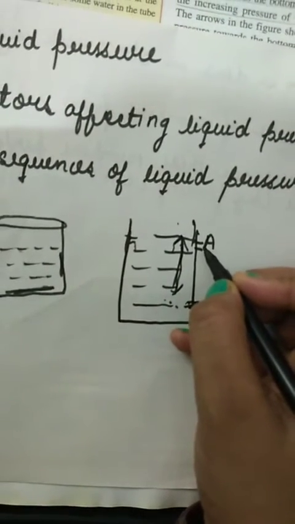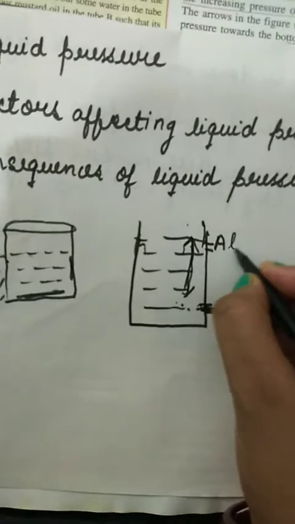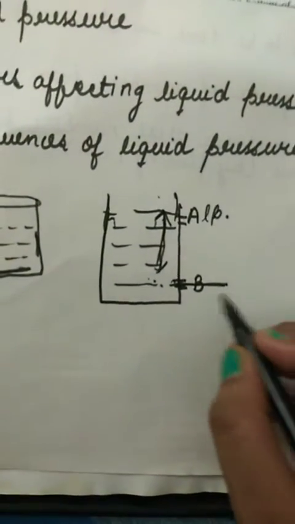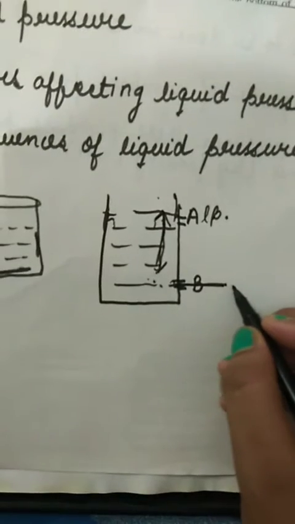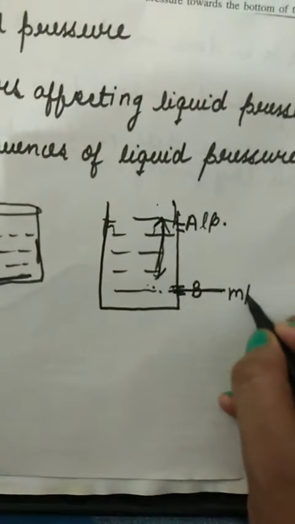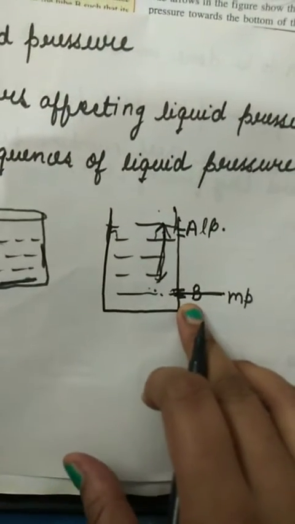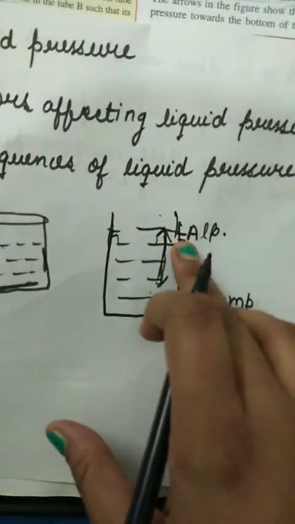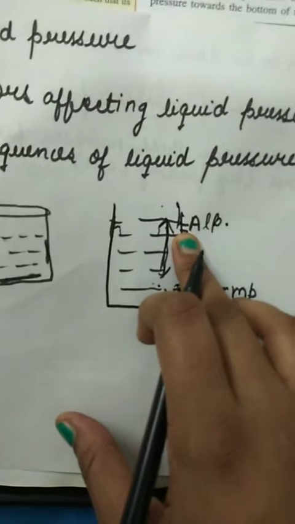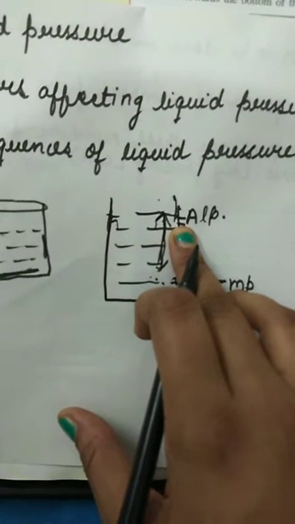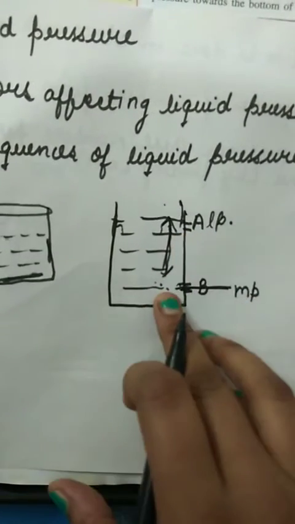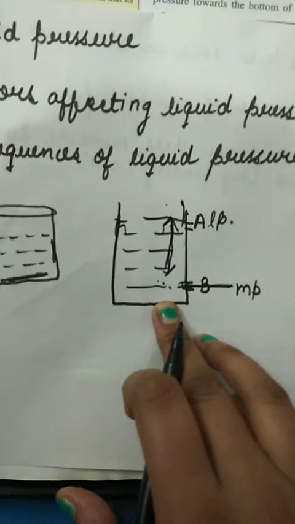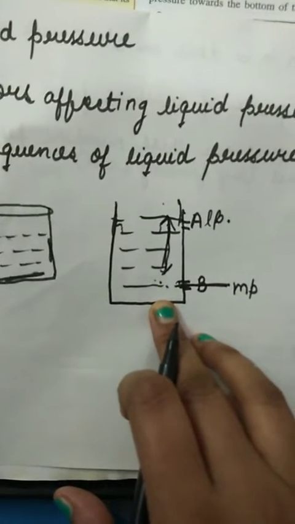So water will flow with less pressure from this hole, and water will move out with more pressure from this hole, because the level of water is more for this hole and very less for this hole. I hope you must have understood this factor which affects the liquid pressure.